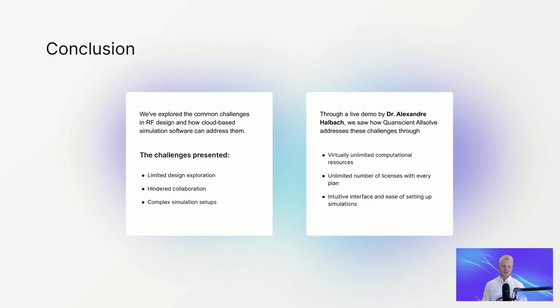Through the live demonstration, we saw how Quanscient addresses these challenges through virtually unlimited computational resources, an unlimited number of licenses with every plan, which allows parallel simulations, and the intuitive interface, making it easier to set up even these complex RF simulations.